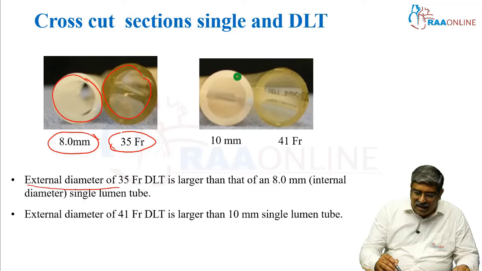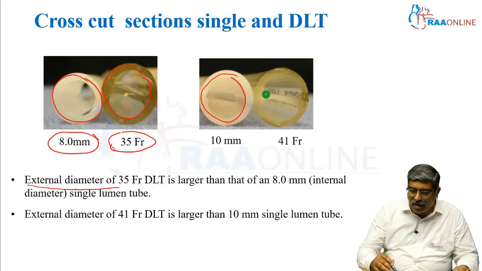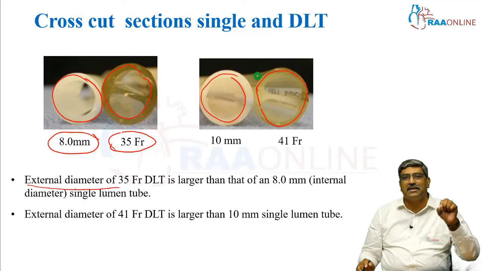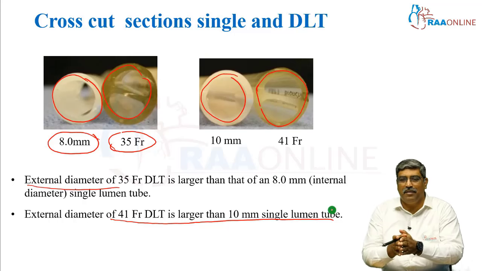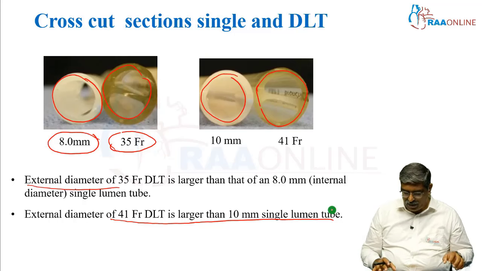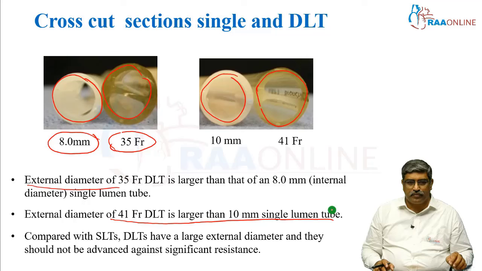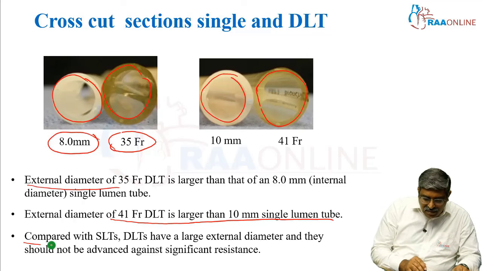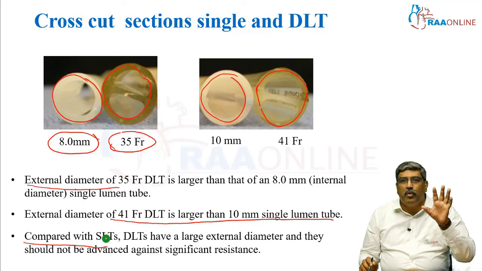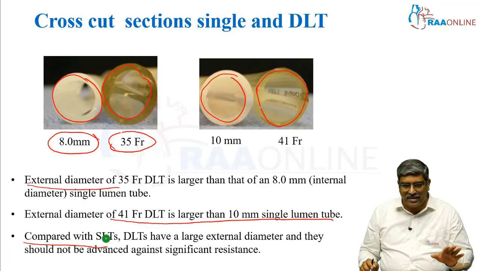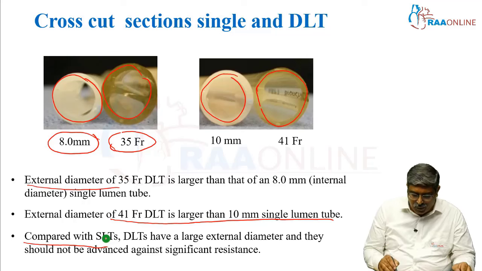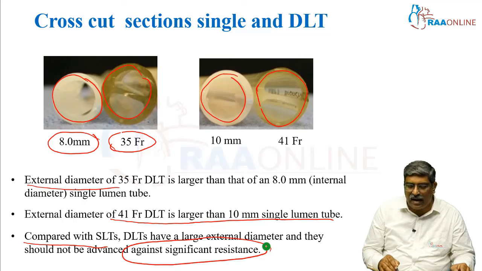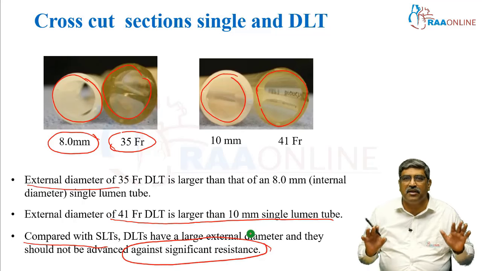And this is the 10 millimeter endotracheal tube, and here you can see the 41 French double lumen tube. The external diameter of the 41 French double lumen tube is larger than the 10 millimeter single lumen endotracheal tube. Compared with single lumen tubes, double lumen tubes have a larger diameter, and what is very important is you should not advance against any significant resistance.